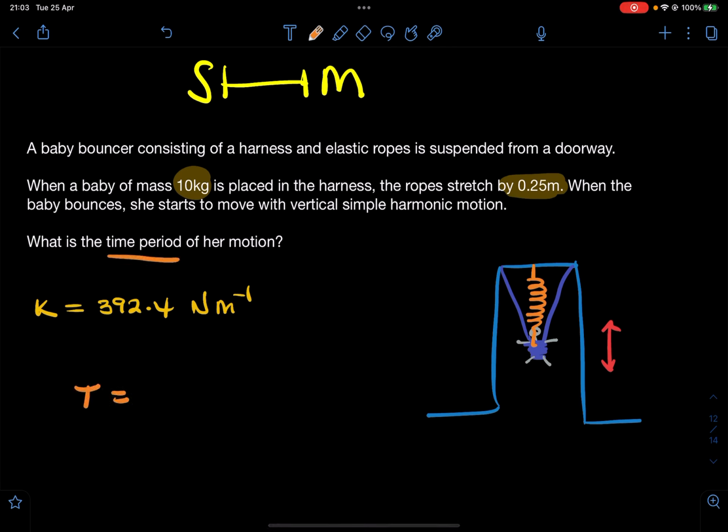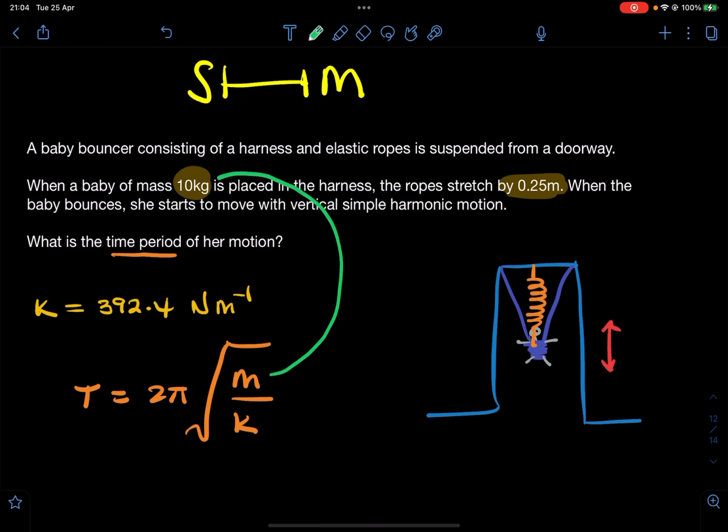So the time period of a spring is 2 pi square root of m over k. So m is the mass of the baby, that hasn't changed, and k is what we've just found.